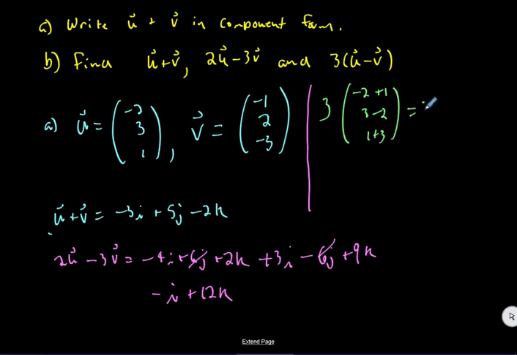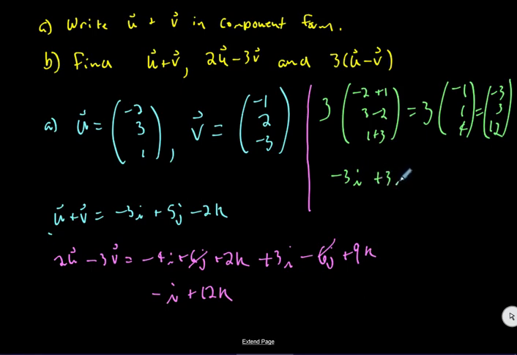Good, and then this would be 3 times negative 1, 1, and 4. Or this could be written as negative 3, 3, and 12, right? If I wanted to write it as a linear combination, that would be negative 3i plus 3j plus 12k. Sound good? Thanks.